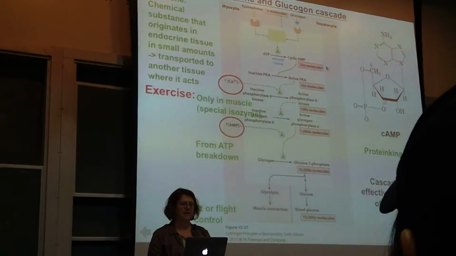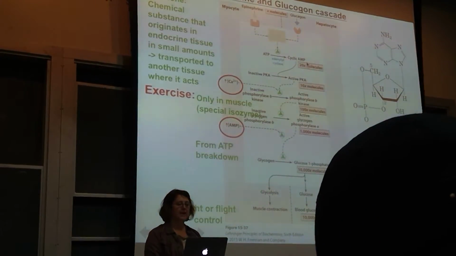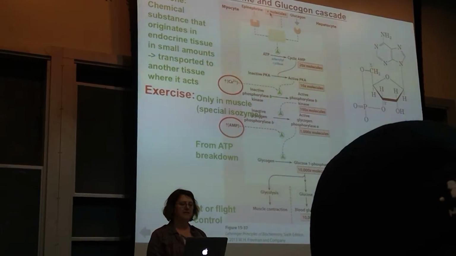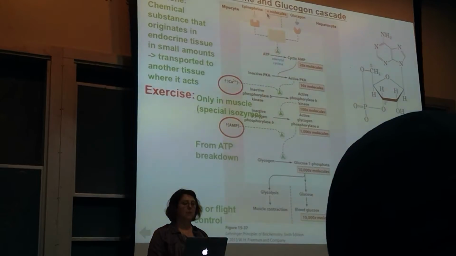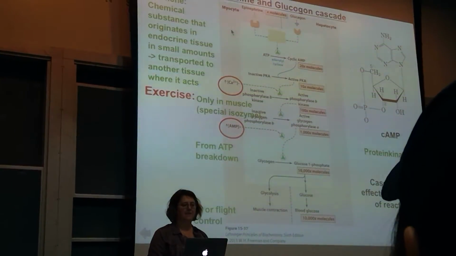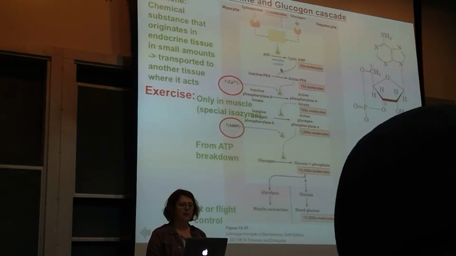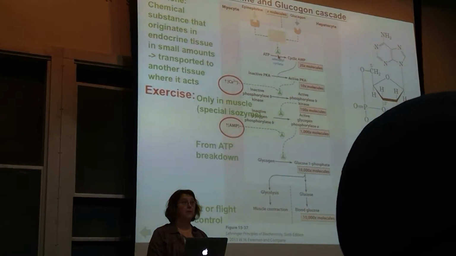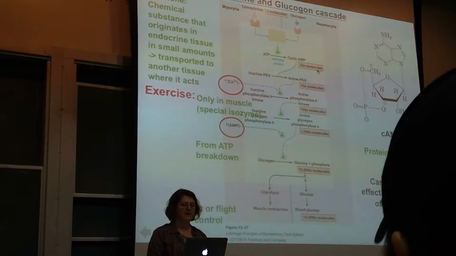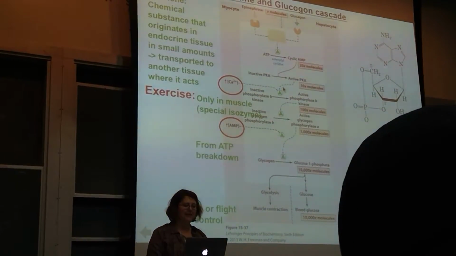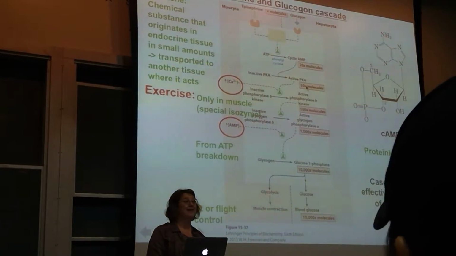So in this case, we're controlling the cyclic AMP levels by these different hormones. One of them is acting in the liver and one of them is acting in the muscle tissue. When you have this activated through the hormone, we're not going to go into exactly how that happens, you have more cyclic AMP, and then the cyclic AMP activates the protein kinase.